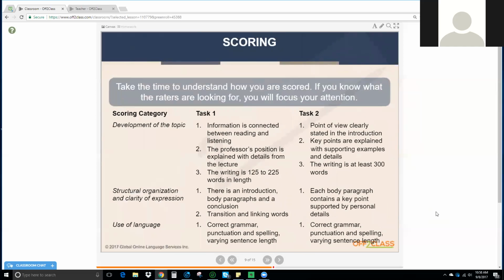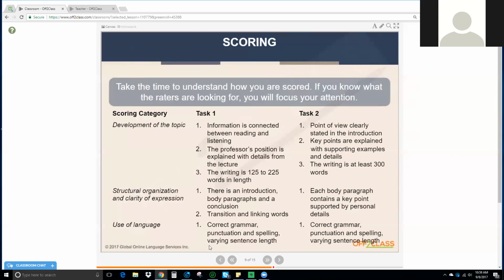Okay. And then correct grammar, punctuation, and spelling, and varying sentence length. Those, of course, apply to both, actually. You know, and I think I only saw maybe one grammar error, and I don't recall any other errors, but I'd have to look again.